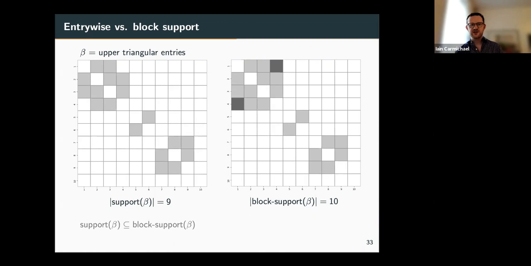And we could all agree that the support is these gray entries. So the size of the support is 9. And the block support, which I'm not going to define precisely, all it means is we're going to fill in the within-block edges, namely just this one here. So in other words, the block support of beta would have cardinality 10 instead of 9.